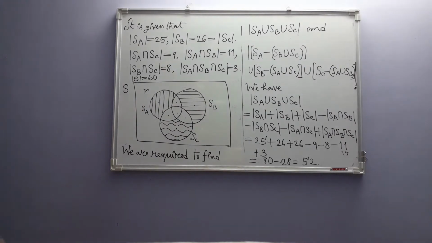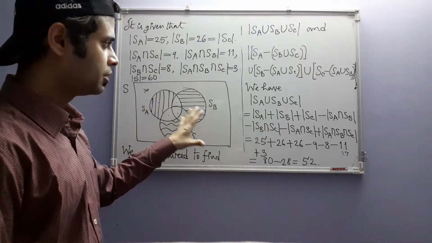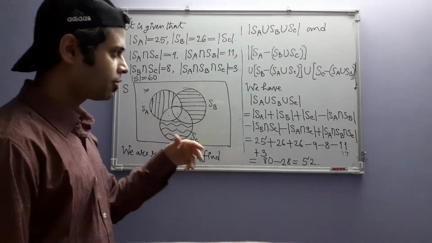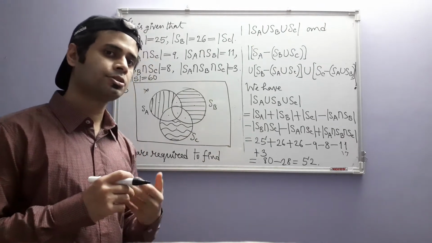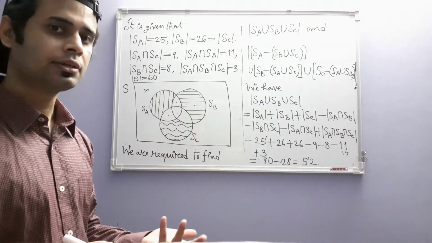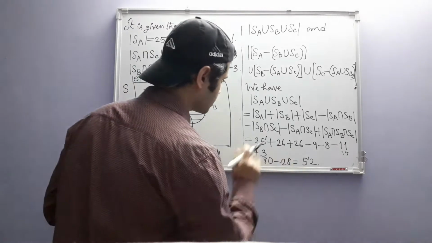So there are 52 people out of 60 people who read at least one newspaper. Remember that among these people, there will also be people who read all the three, but still they are reading at least one. So that's what we have found in the first part.